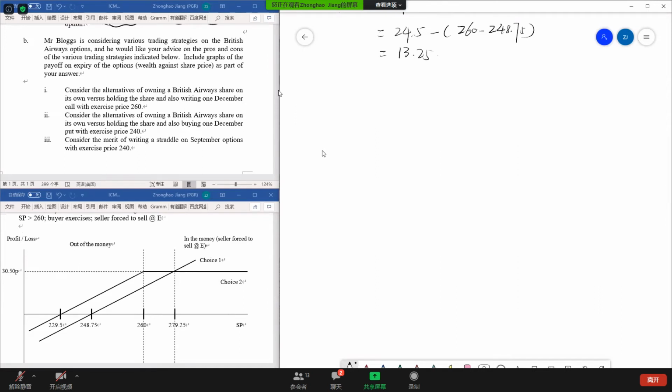For question B1, we have two choices. The first choice, we only buy the share, only the share. So the payoff is the price of the stock minus the price we bought.